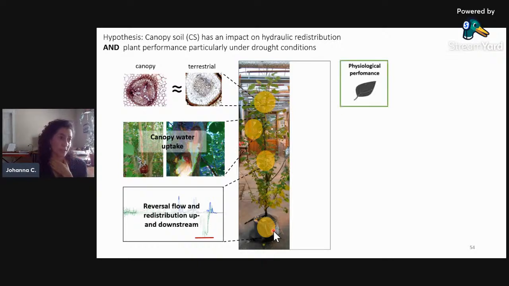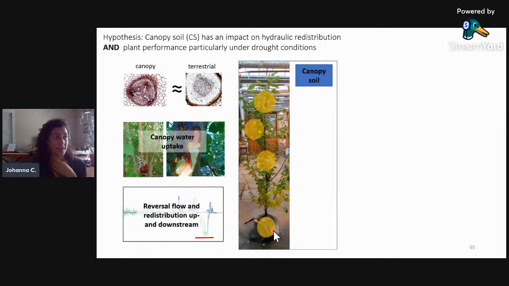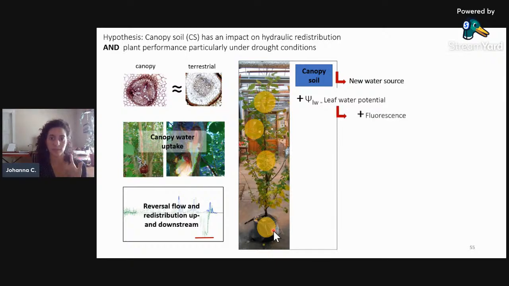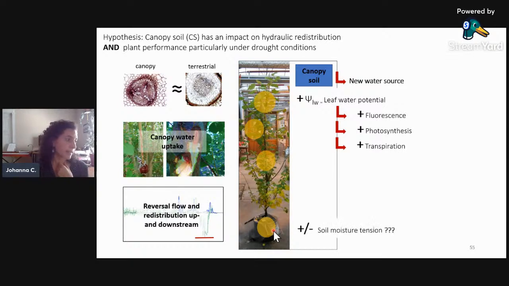And finally, with the physiological performance, we can say that the canopy soil is working as a new or extra water source that is helping the plants maintain their leaf water potential, their fluorescence, their photosynthesis, and their transpiration. The results for soil moisture tension are not conclusive and not very clear.